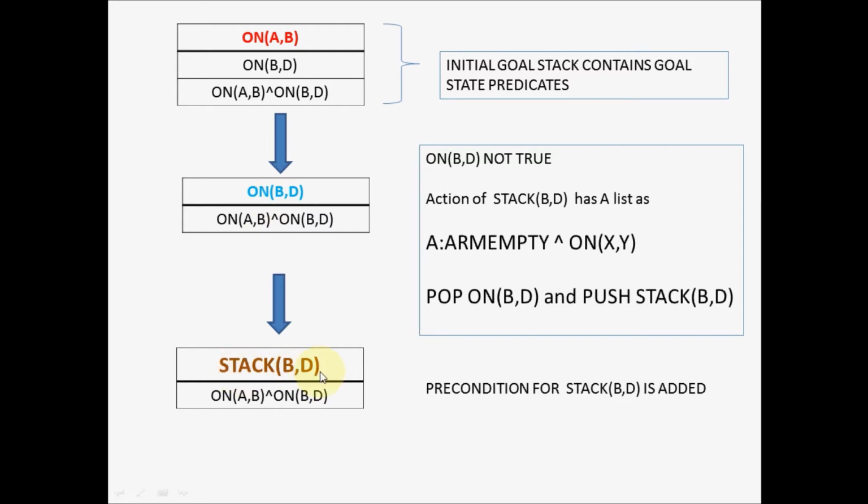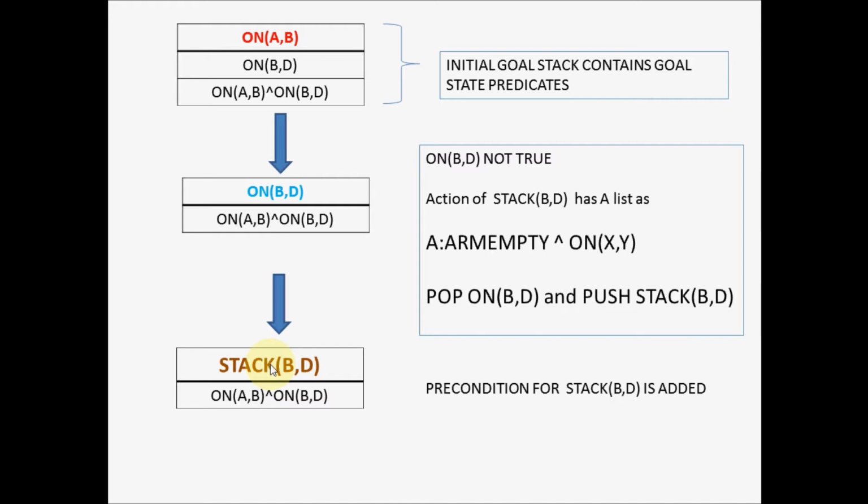Okay. Now further, the algorithm checks what is at the top of the stack now. If the top of the stack is not a predicate but an action, as stack is here, then what does it do? If the top of the stack is an action, then we all know that any action cannot be directly executed.